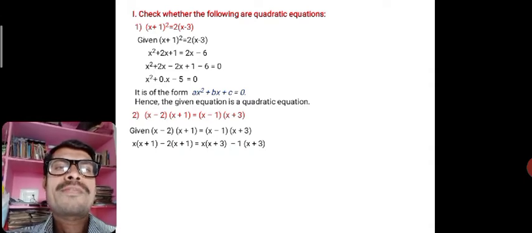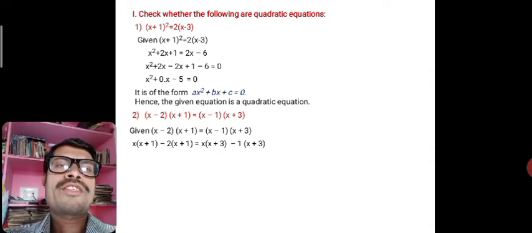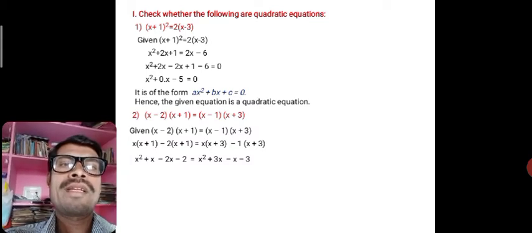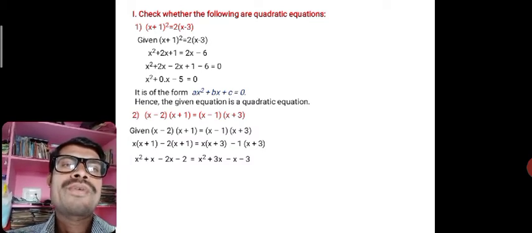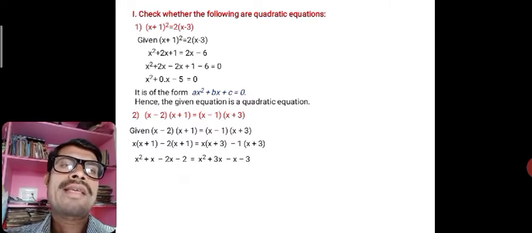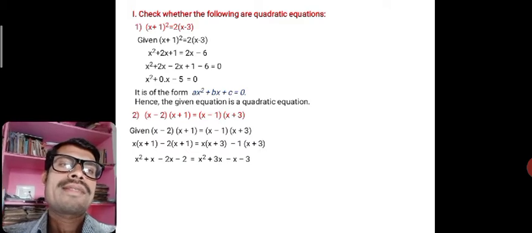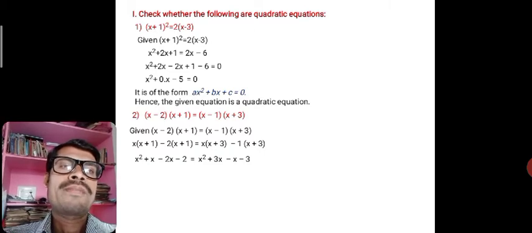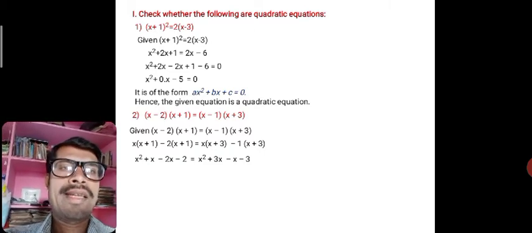Minus 2 into x plus 1 is minus 2x minus 2. That is x into x is x square, plus x into 1 is 1x, minus 2x minus 2 is equal to, again x square, x into x is x square, 3 into x is plus 3x, minus 1 into x plus 3 is x minus 1 into x is minus x, minus into plus is minus, 1 into 3 is 3.